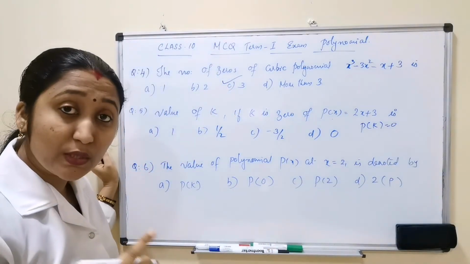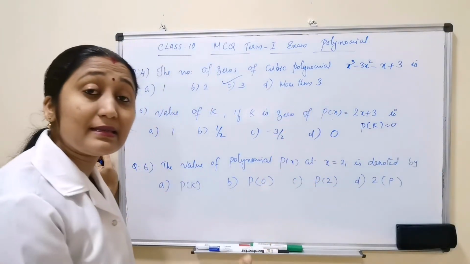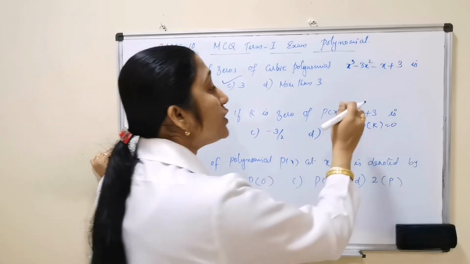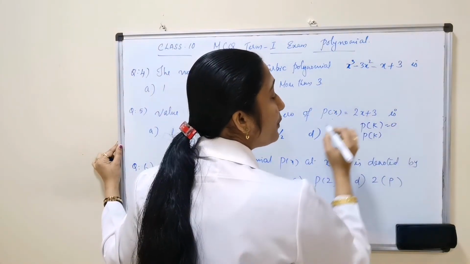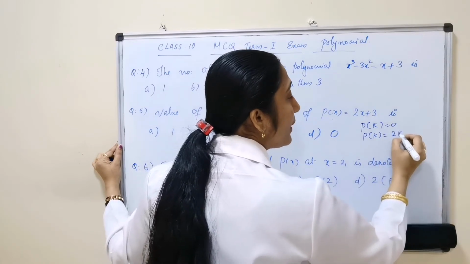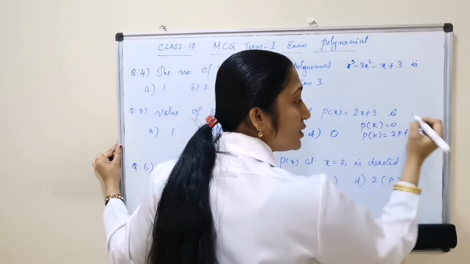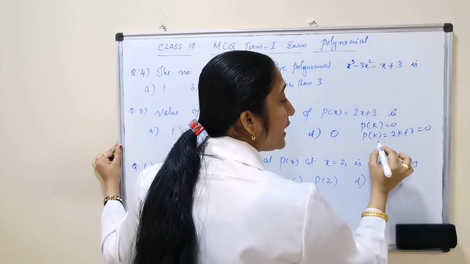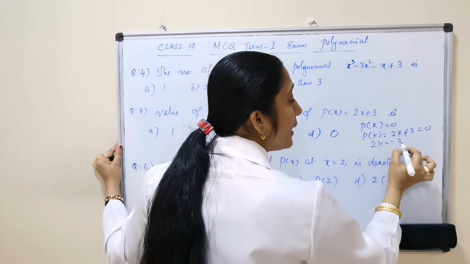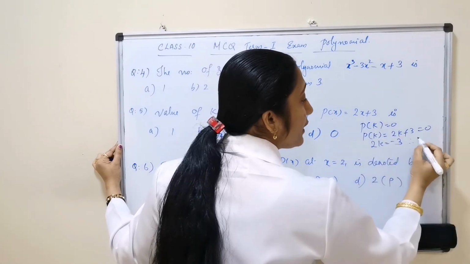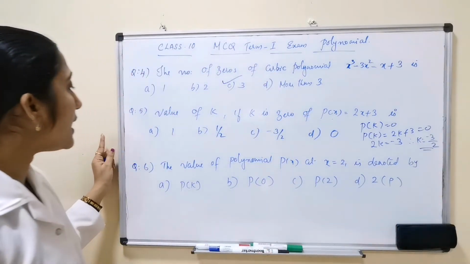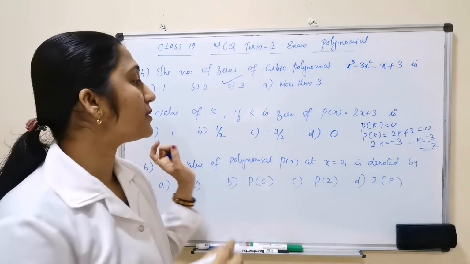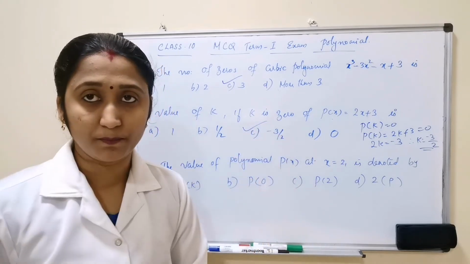That means 2k plus 3 equal to 0, so 2k equal to minus 3, and therefore k equal to minus 3 by 2. So the options are 1, 1 by 2, minus 3 by 2. So this is the answer.